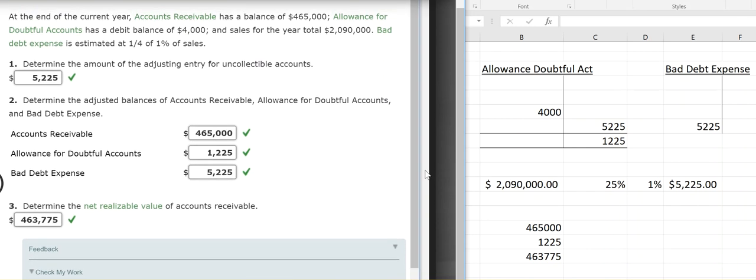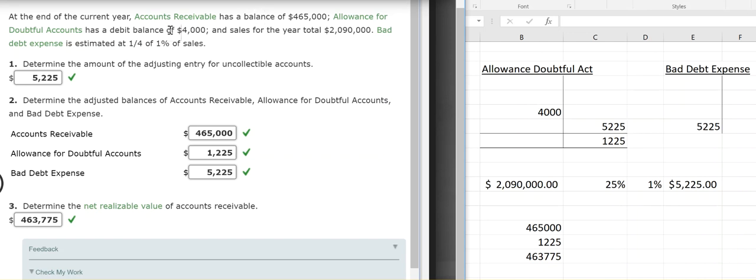Okay, so that's it. This is the problem dealing with adjusting entry, allowance method, journalizing the bad debt expense using the percentage of sales method. I would like to end this exercise by telling you that when we are recording this amount of bad debt expense, we're almost ignoring the fact that the account had $4,000.